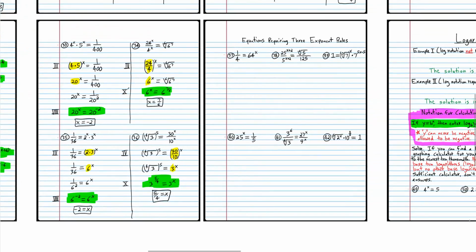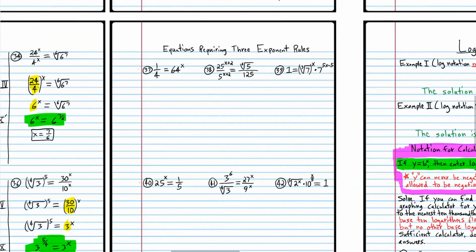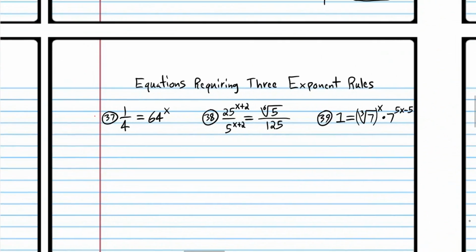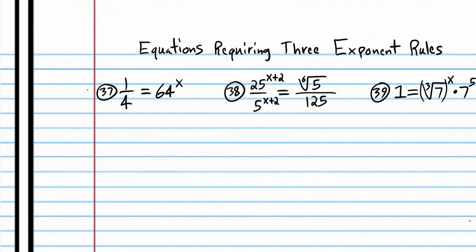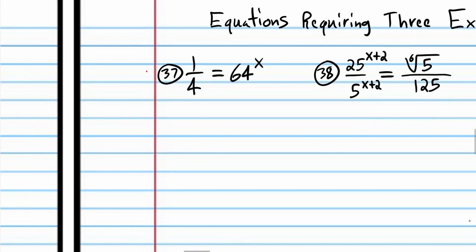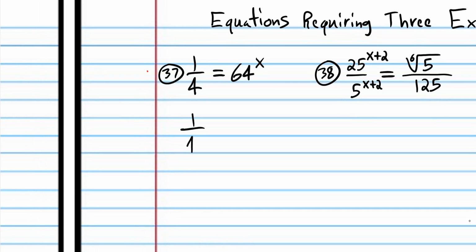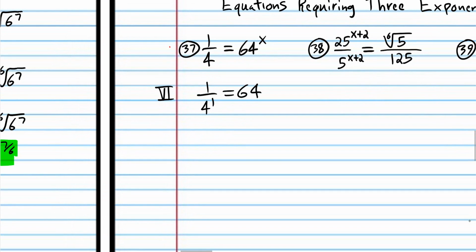Okay, so now we're going to equations requiring 3 exponent rules. I'm going to write that 4 as 4 to the 1 power. That's rule number 6. Then I'm going to use rule number 8 to change that to a negative exponent.